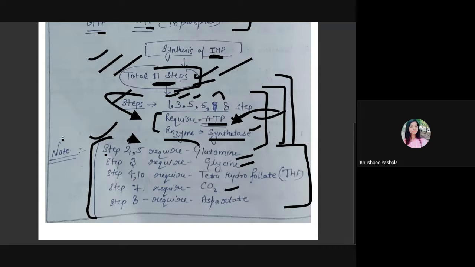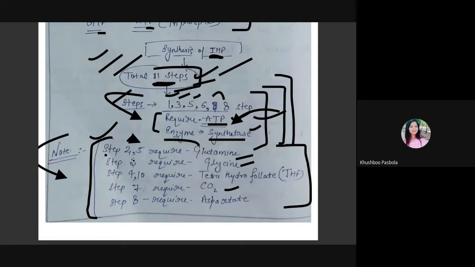Now there are some other notes which you have to learn. Steps second and fifth require glutamine. They are all amino acids which are required in different steps. So total steps are 11. Steps 1, 3, 5, 6, 8 require ATP and an enzyme known as synthetase enzyme.